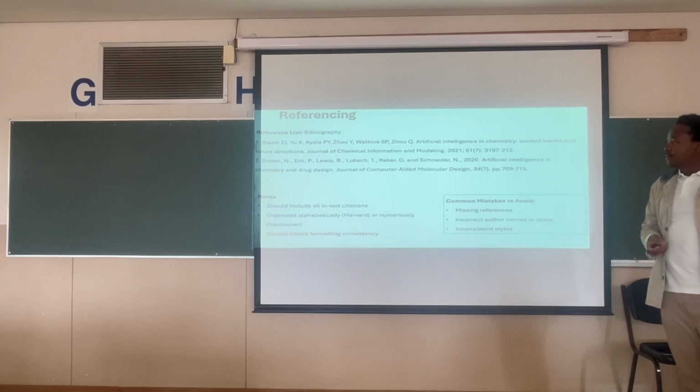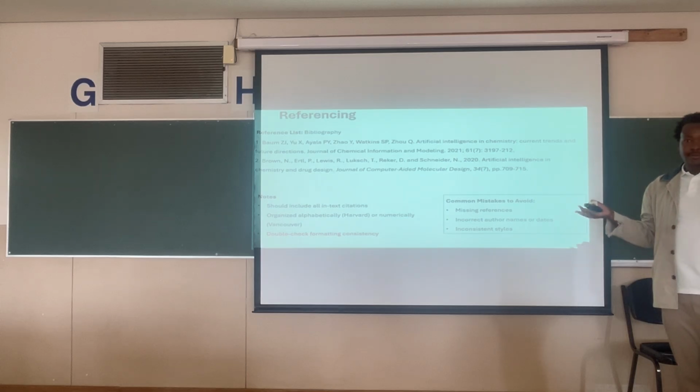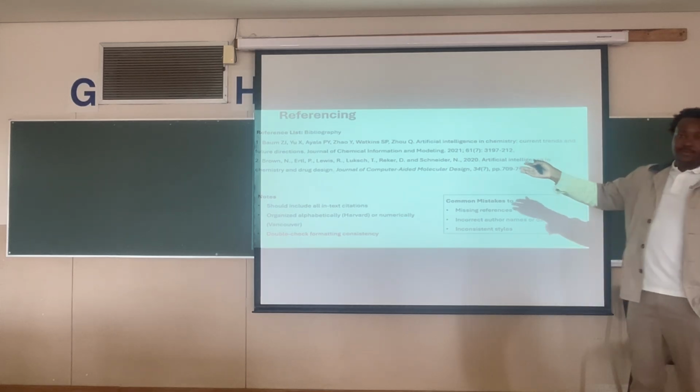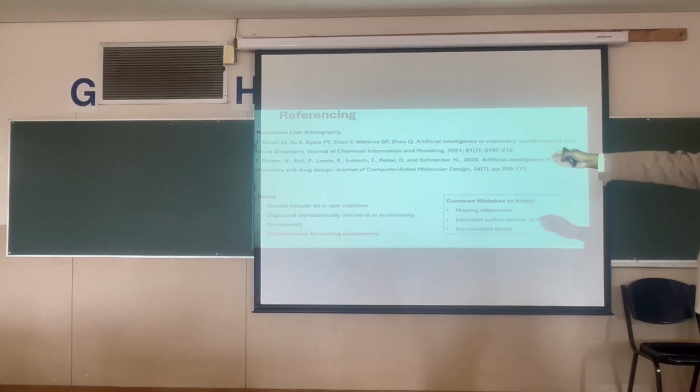The author names in the first one, it's surname, initial, comma. But in the second one, it's surname, comma, initial, full stop, comma, which is inconsistent with the first one. You saw the first inconsistency? That's unacceptable. If you're using the first style, it must be that first style throughout. If you're using the second style, it must be that one throughout.